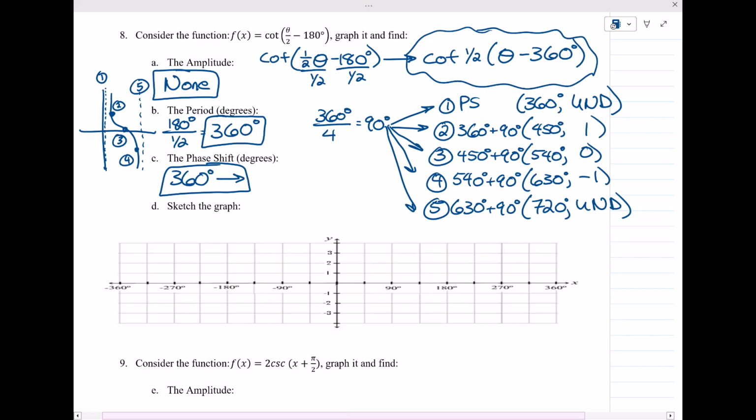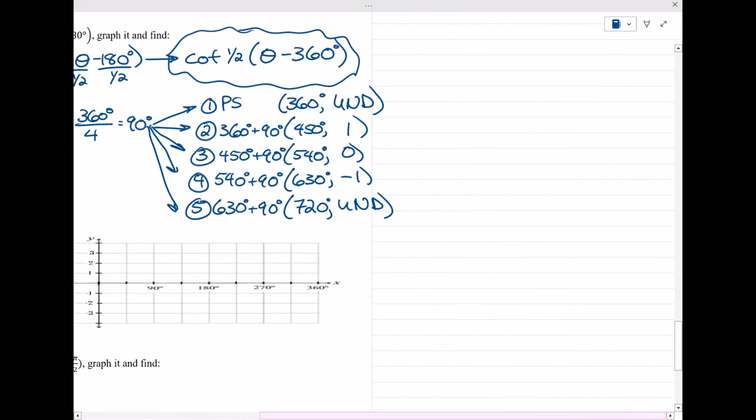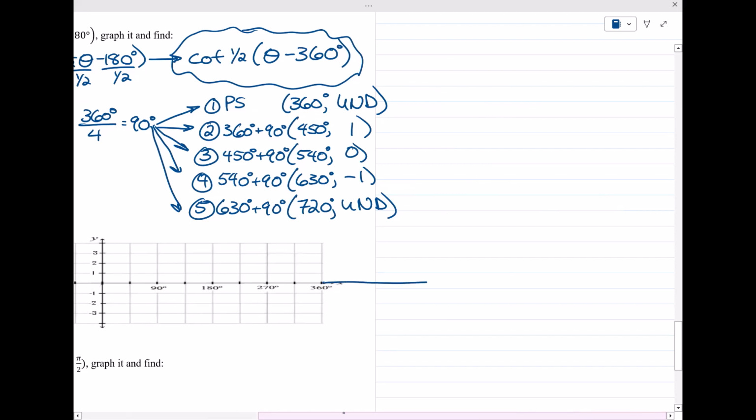So when we go to graph this, just kind of extend this. So at 360, it's undefined. At 450, it's 1. At 540, it's 0, -1, undefined. And that's what this graph would look like.